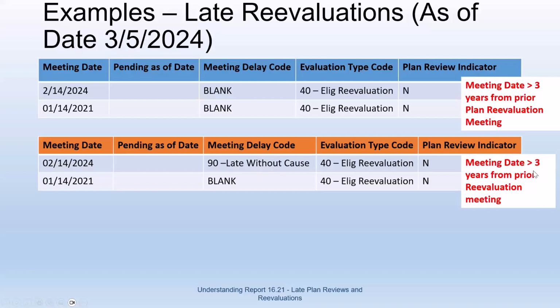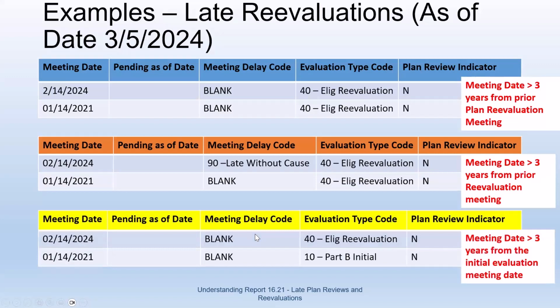This is greater than 3 years from the prior reevaluation, so it will show up in that late reevaluation category. And then finally, the initial evaluation and a subsequent reevaluation was held about a month late. That's also going to show up as a reevaluation held late because it is 3 years from the initial evaluation date.